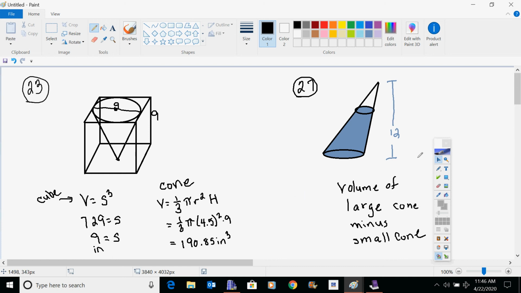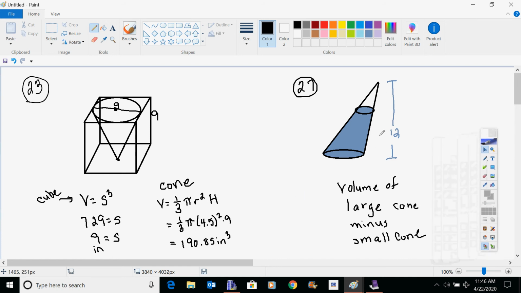All right, for this problem, just so that you get the idea, we've already talked about the volume of a cone formula. In this problem, they give you the task of finding the volume of this blue shaded portion. In order to do that, you'll use your volume of a cone formula for this big cone, and then subtract out this small little white cone.